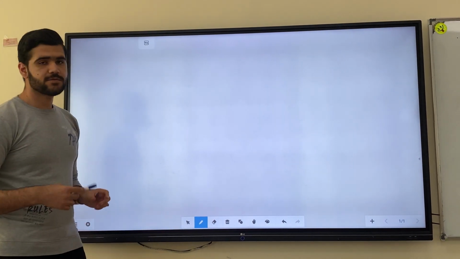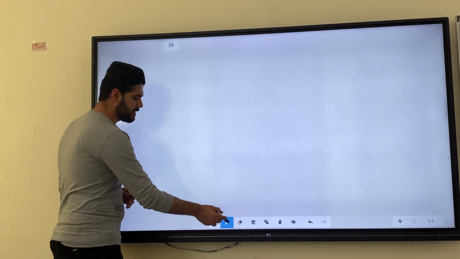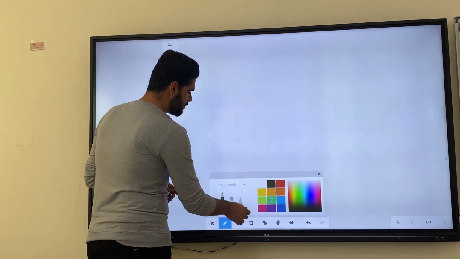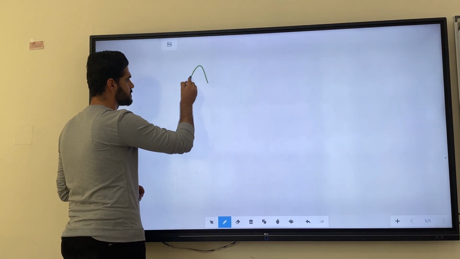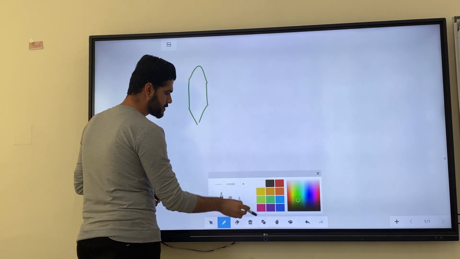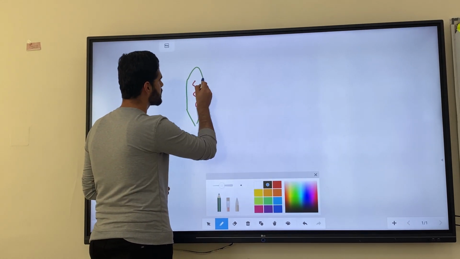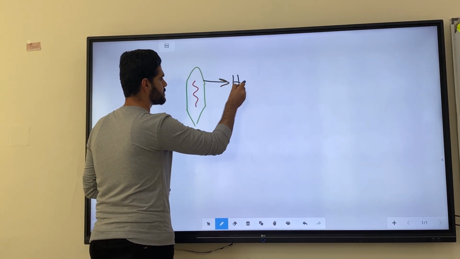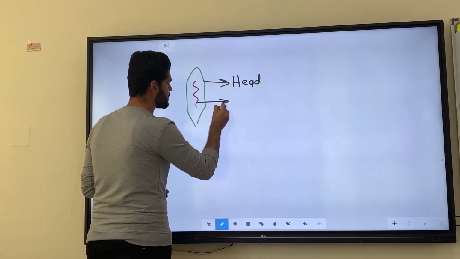Okay. First of all, before we start, let's talk about the structure of viruses. The structure of a virus mostly contains these parts. The head part, which contains the genetic material as well.